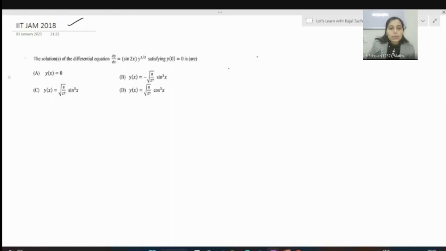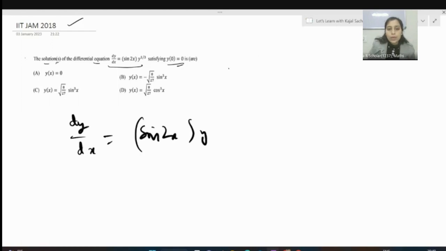We have to find the solution or solutions of the differential equation, satisfying y(0) = 0. Here we have the differential equation with sin 2x and y^(1/3), given y(0) = 0. First of all, option number 1 is y = 0.